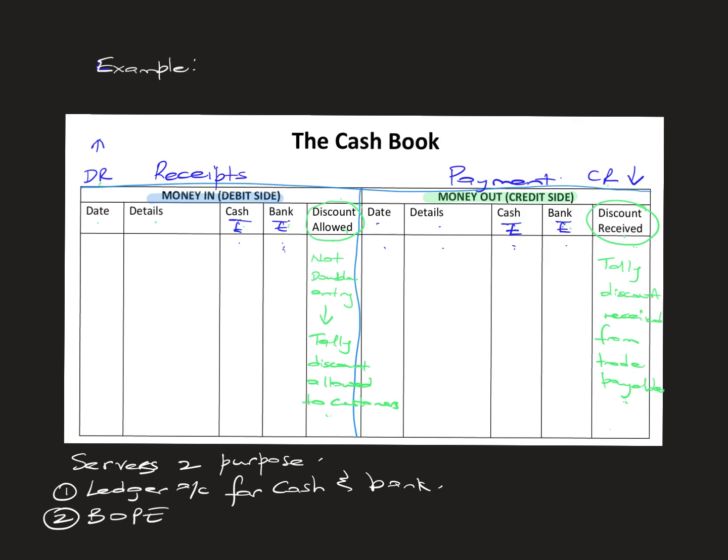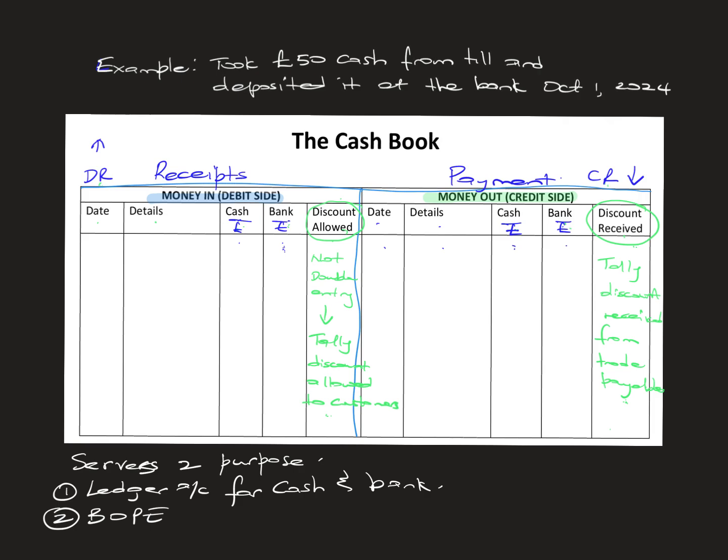Let us say we took £50 cash from the till and deposited it at the bank. And let us just use a date. Let us say that we did that on October 1, 2024. Okay, so I'm just making a transaction here just to see what it would look like.